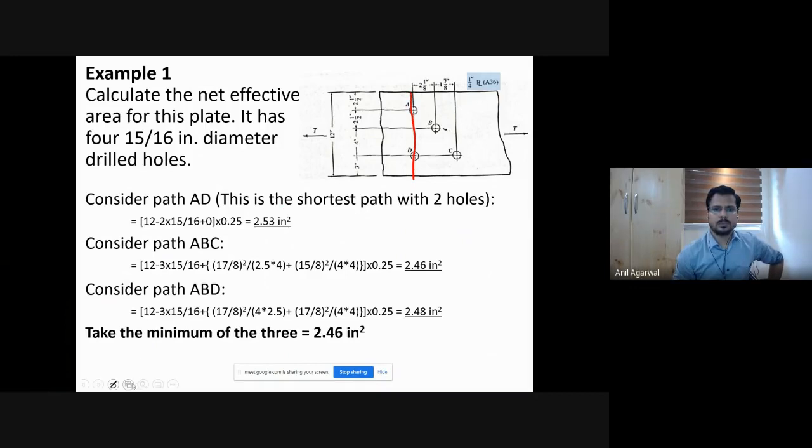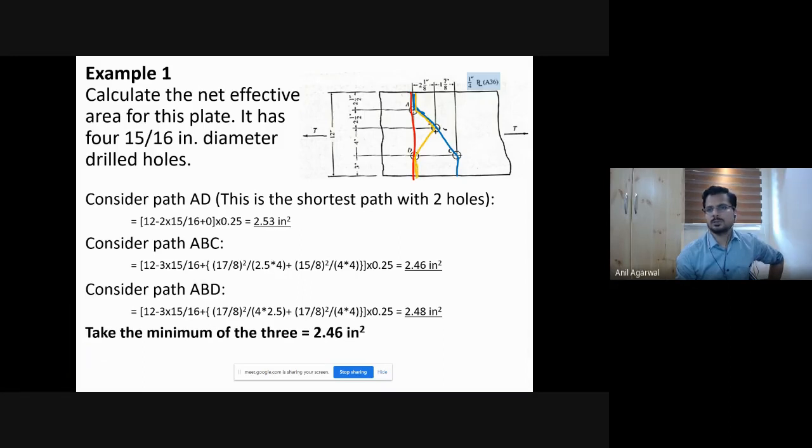Alternatively, you may have the ABC path of fracture. Or one may have the ABD path.